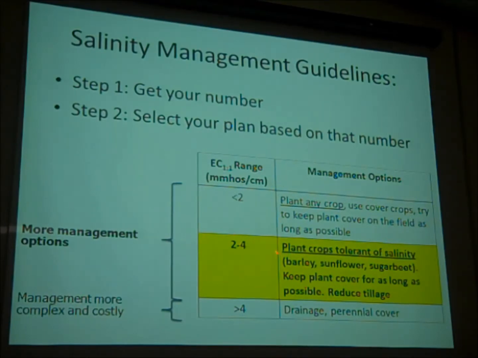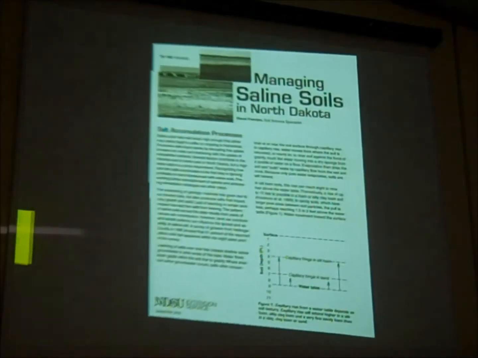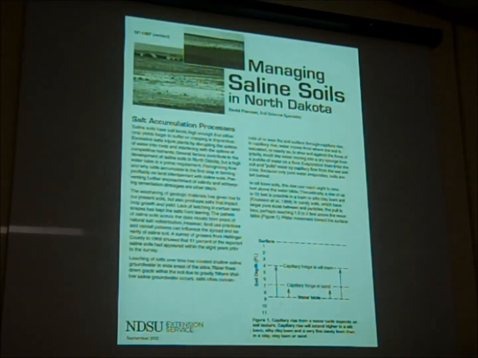If you're in this EC level, do something about it while you have the chance to still maintain and improve your soils versus getting down here. And then we have a nice circular. It's been around a long time. It was revised in 2012, Managing Saline Soils in North Dakota. You probably have it. If you don't, it's available electronically, or contact one of your extension agents and they'll get it to you. Any questions or comments?